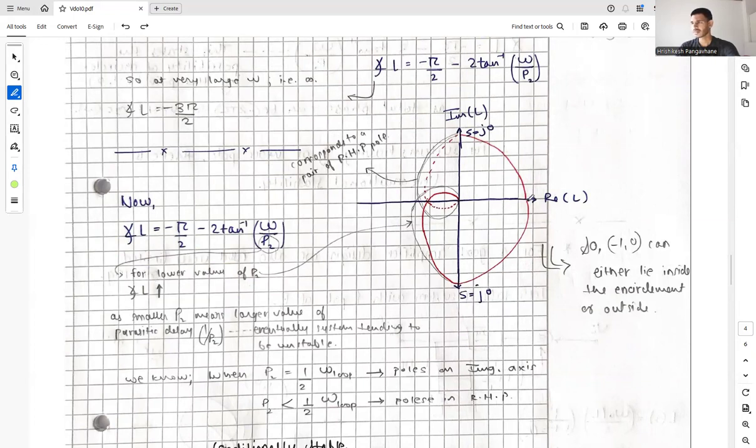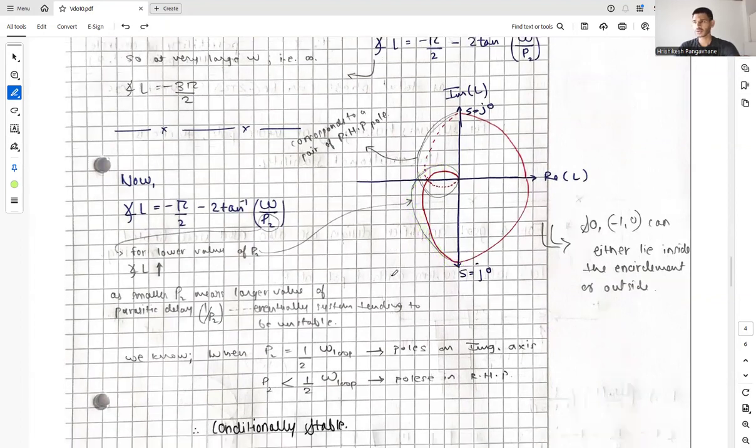So if this is a plot of P2 at a certain frequency, and now the value of P2 is lower, the plot will somewhat look like this, starting from s equals j0. So for lower values of P2, the angle will increase, and as smaller values of P2 mean a larger parasitic delay, which is 1 by P2, eventually the system tends to be unstable.